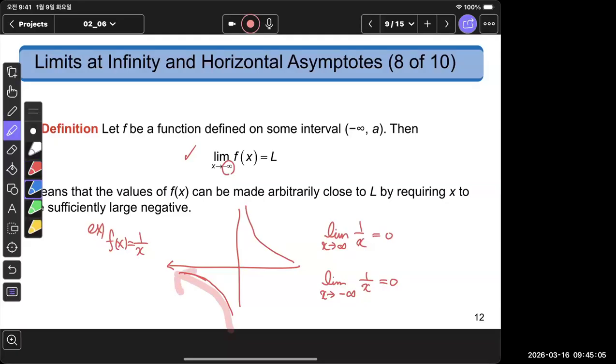But previously, when x approaches infinity, the graphs were decreasing, right? So anyway, that is the definition of the limit of the function as x approaches plus infinity or negative infinity.